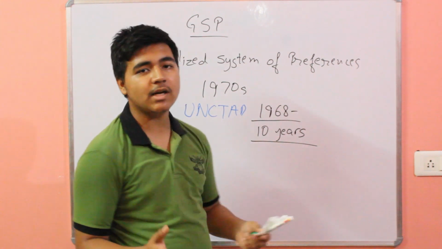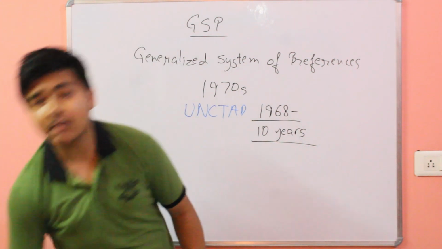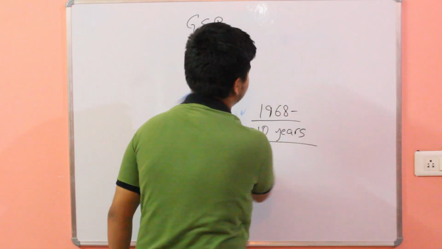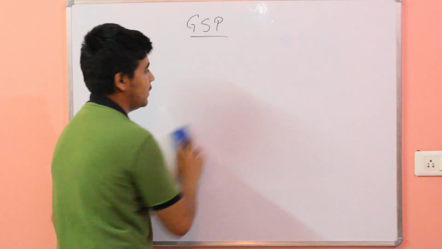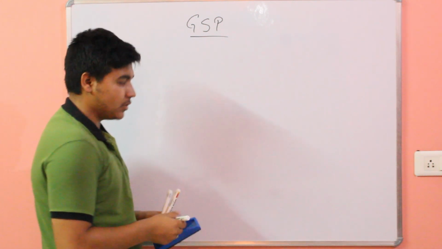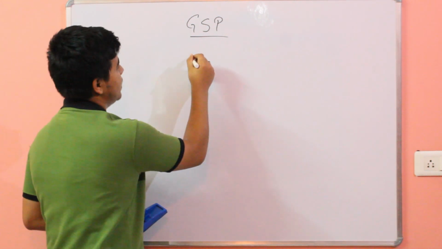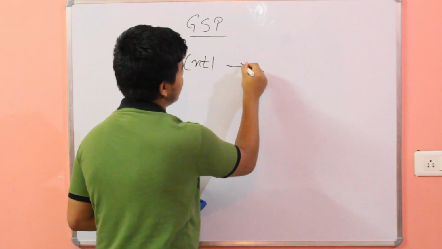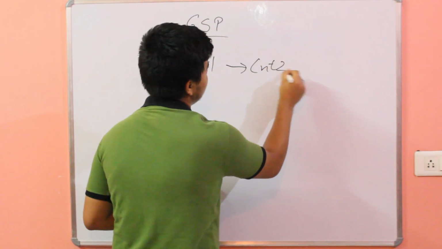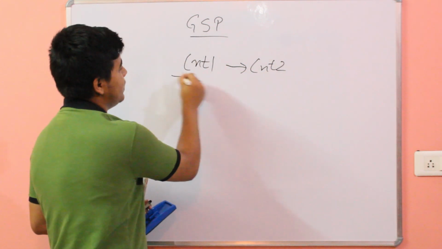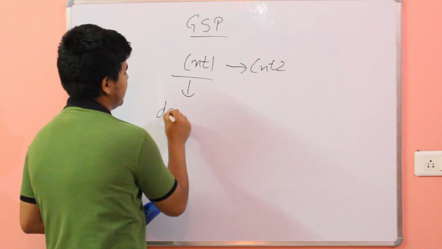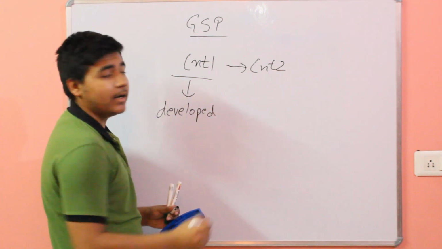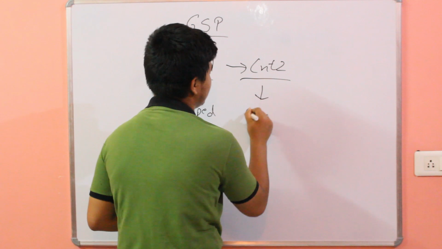Before studying the GSP regime, let's study what trade means. Suppose there are two countries, country 1 and country 2. Country 1 is a developed country and country 2 is a developing country.